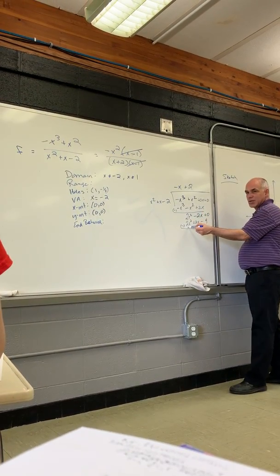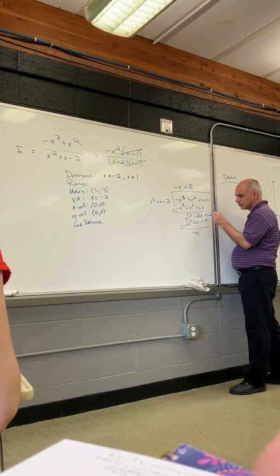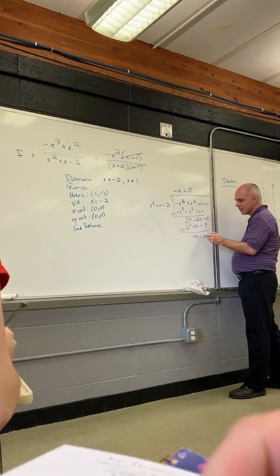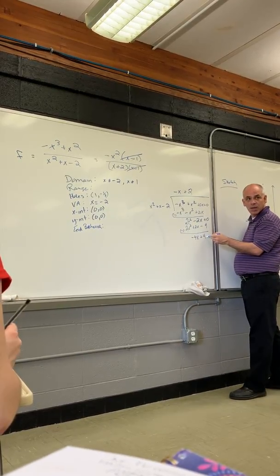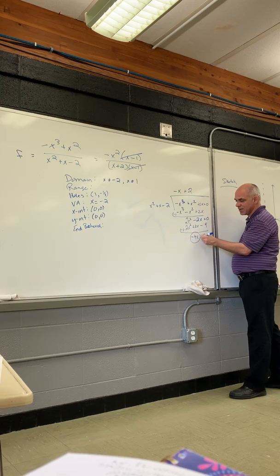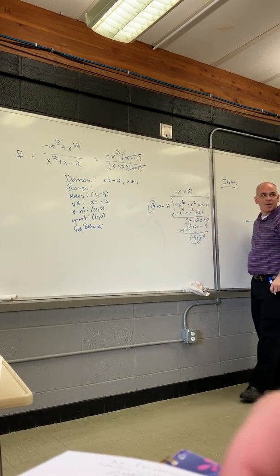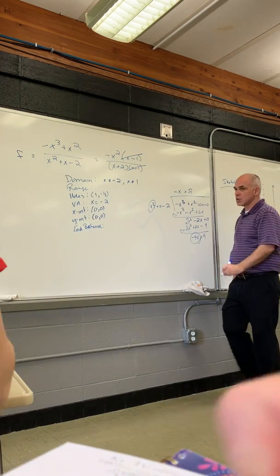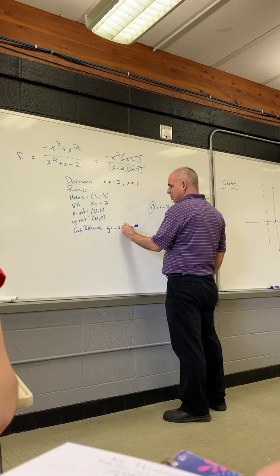So 2 minus 2 is going to drop. Negative 2 minus 2 is negative 4. 0 minus negative 4 is plus 4. And I'm done. And I know that I'm done because this power is smaller than that power. So my end behavior is going to be y equals negative x plus 2.